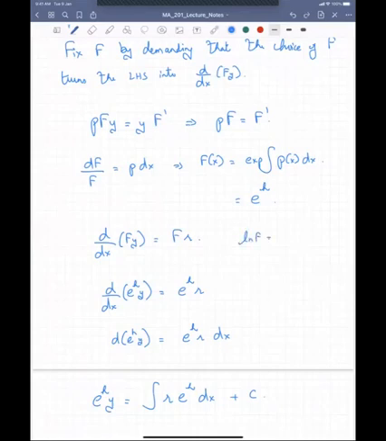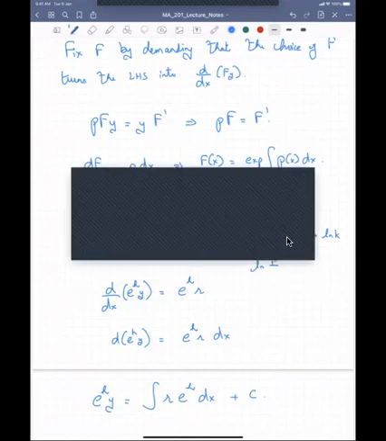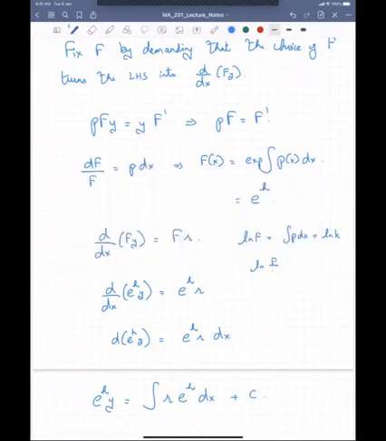Log f equals integral p dx plus some log k, right? Which means log of f over k would be integral p dx. So f would be some constant times e to the integral p dx. So this is what you mean, right? If I actually solve it properly. But this constant will drop out of this differential equation. Okay, so that is what I mean.